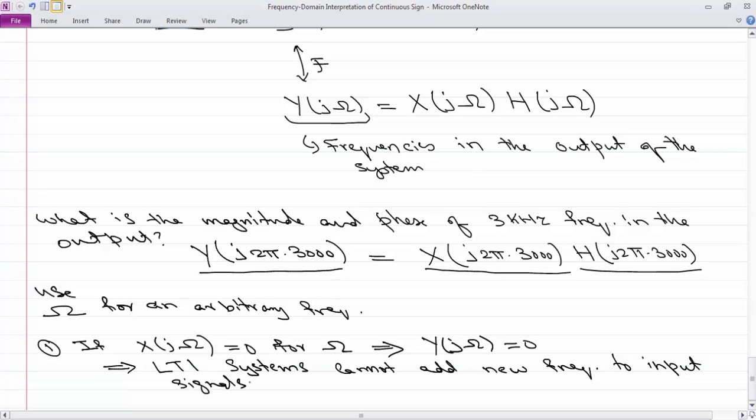If, let's say, I am singing and I have no note above maybe 2 kilohertz, no matter what kind of LTI processing I do, I cannot regenerate an output which will have a note above 2 kilohertz.